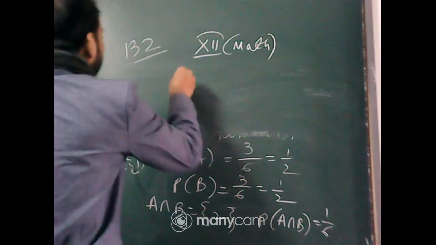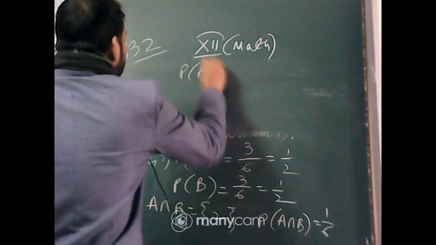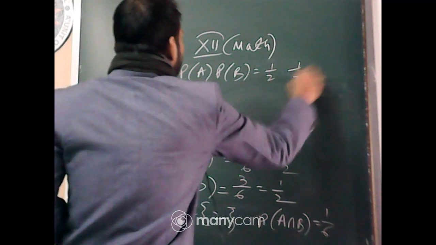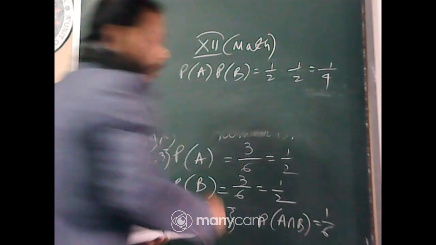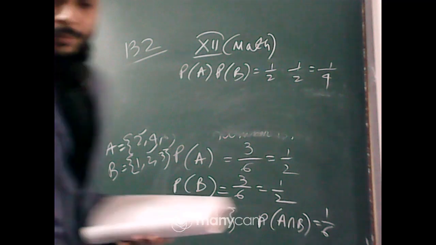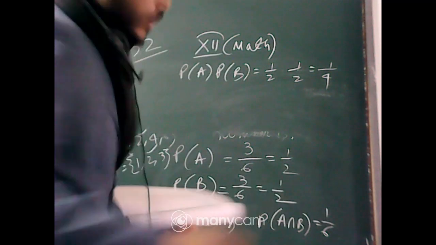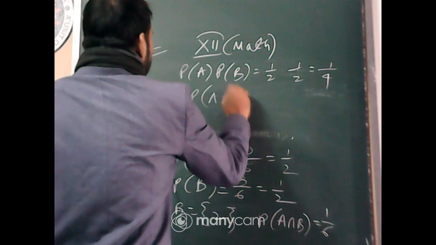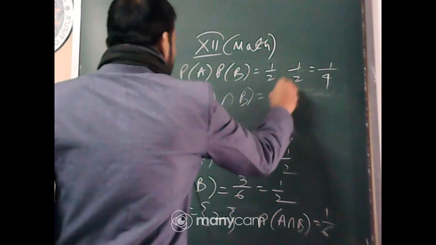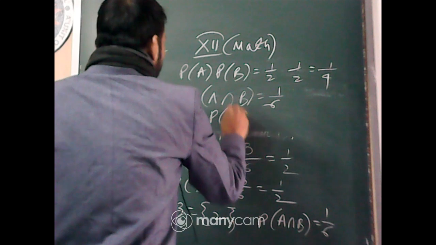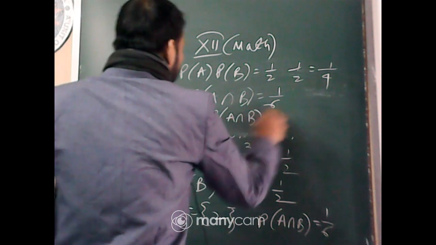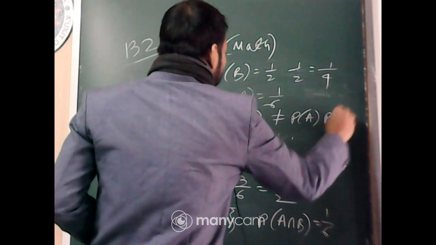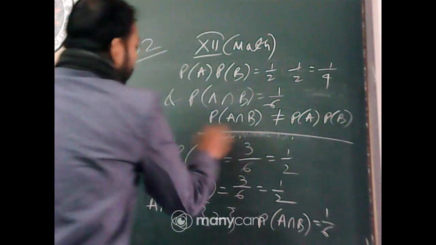So P of A into P of B, that is 1 by 2 into 1 by 2, that is 1 by 4. And P of A intersection B, that is 1 by 6. That means P of A intersection B is not equal to P of A into P of B. Isn't it?